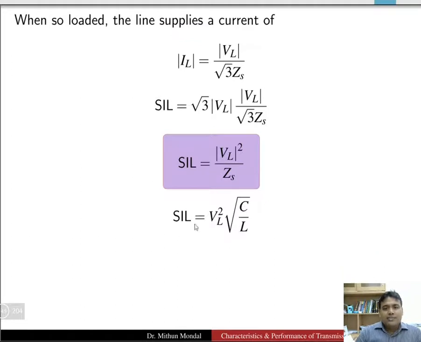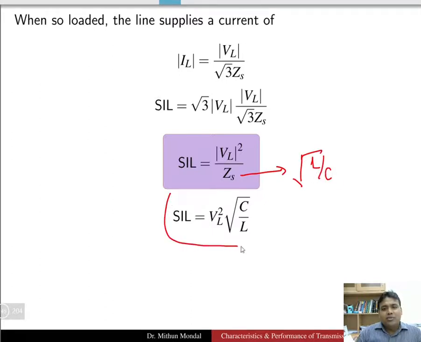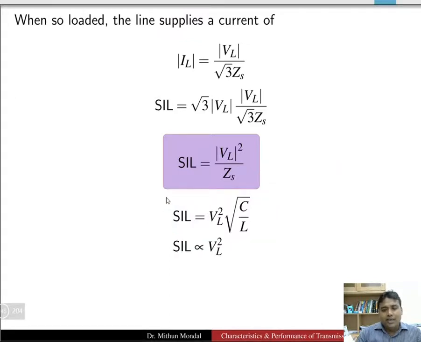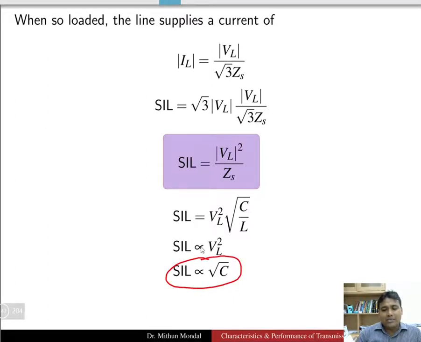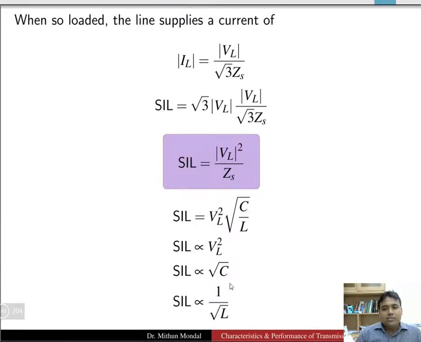From here, if we substitute Zs is equal to under root L by C, we get the surge impedance loading as VL square multiplied by under root C by L. So the surge impedance loading is proportional to the square of the voltage, directly proportional to the square root of the capacitance, and inversely proportional to the square root of the inductance.